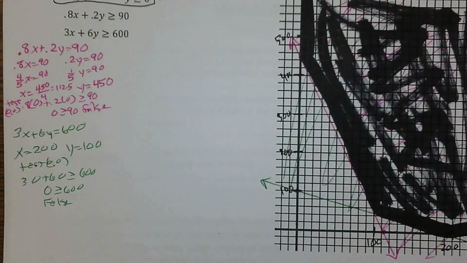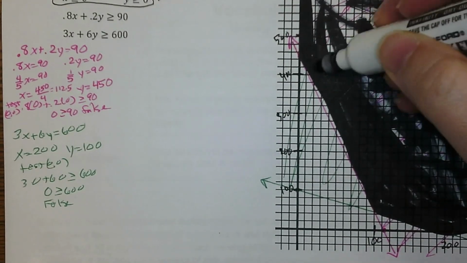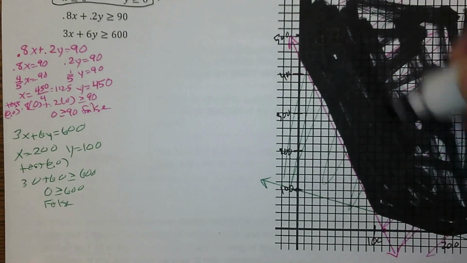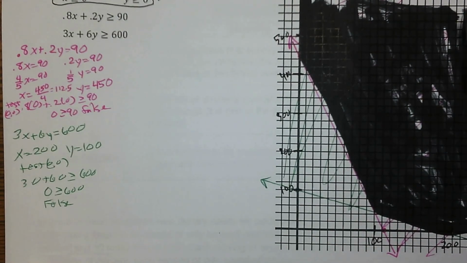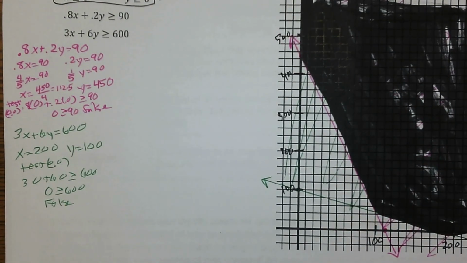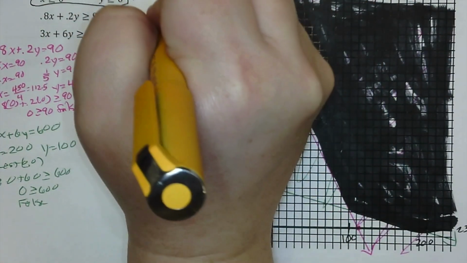Okay. Let me color it in a little bit better than that. This region is an unbounded region. So let's get some corner points and test them and see what happens.